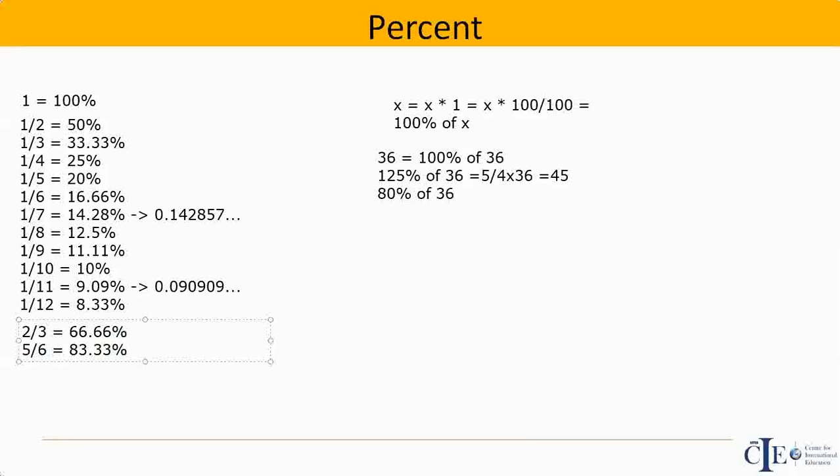Another interesting way to look at 5 by 6 is to think of multiplying the numerator and denominator by 2. So if I multiply both by 2, that becomes 5 into 2, 10, divided by 6 into 2, 12. So 5/6 is also equal to 10 by 12. Now you know 1 by 12 is 8.33%, as we have remembered, that's the base value.